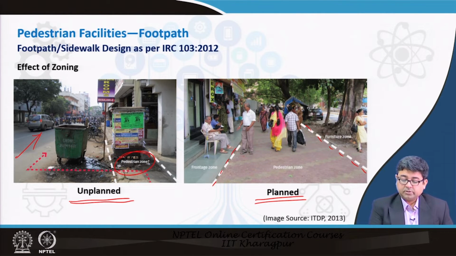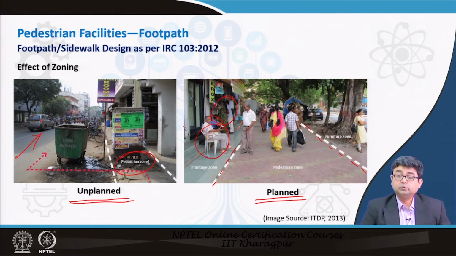You have the frontage zone, you have your shops here, people can sit along the shops and do their business. There is a furniture zone where all the trees are and so on, and there is a clear pedestrian zone. This is how you should design for a sidewalk when you are looking at any urban area in India, as per IRC.